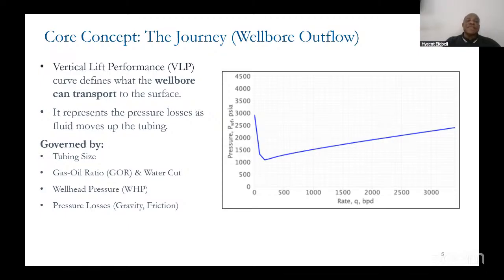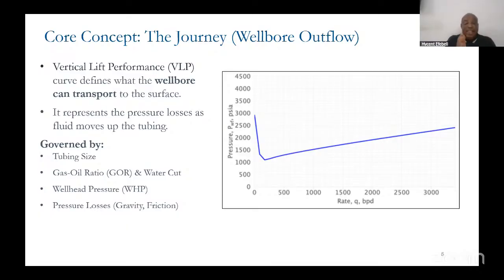If you select a very small tubing in terms of diameter, you are going to have a lot of losses due to friction, right? Then if you select a very large one, your fluid velocity may not be enough to push the fluid to the surface.